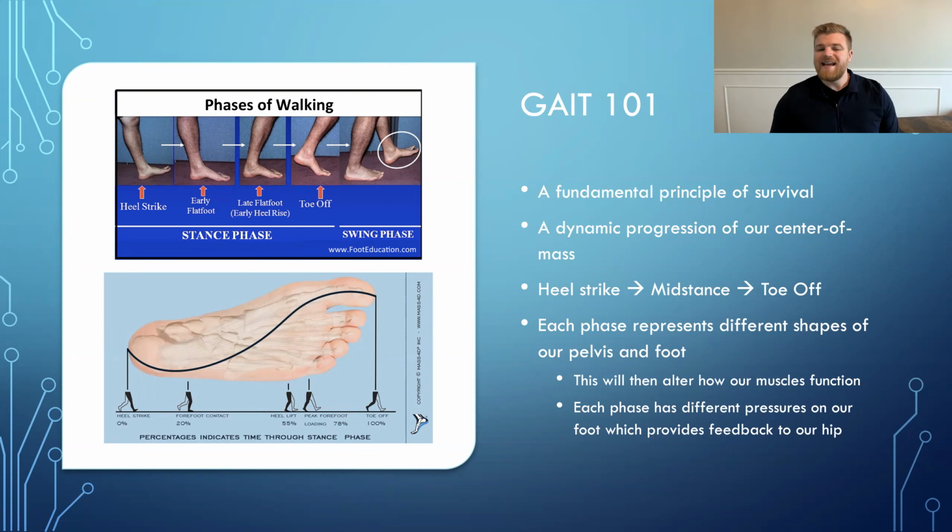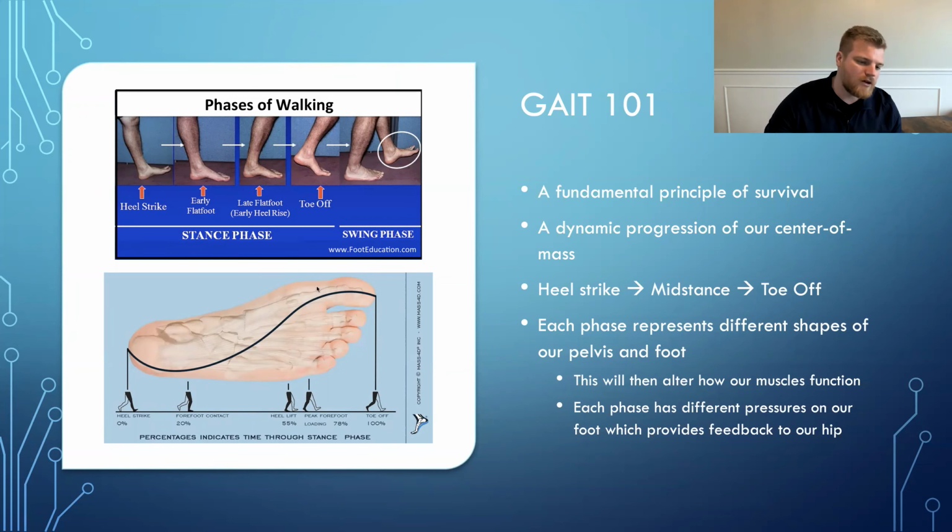So what it is, it's a dynamic progression of our center of mass. Now, what I mean by that is, as I said, it is a forward motion. We are moving forward. And with each phase, we have different progressions of our center of gravity. Our center of mass progressively moves forward with each phase in order to allow us to move.